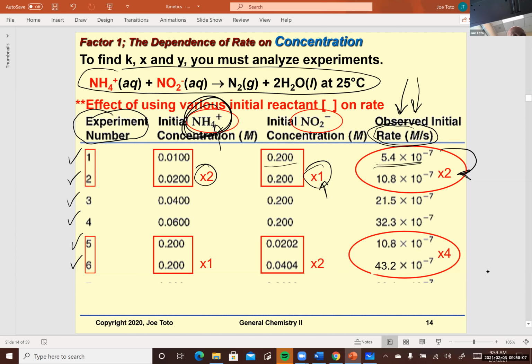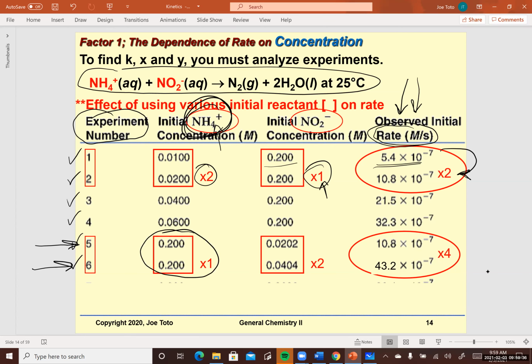Now, check out the other experiments. Now, I've picked experiments 5 and 6 to compare next. Why do you think I picked that one to compare next? It's opposite of 1 and 2. Yes, and now I want to find the dependence of nitrite on the rate, leaving the other one, which in this case is ammonium, fixed.